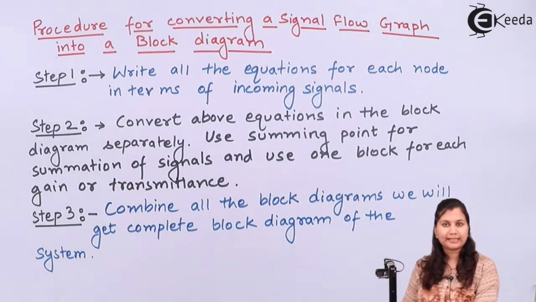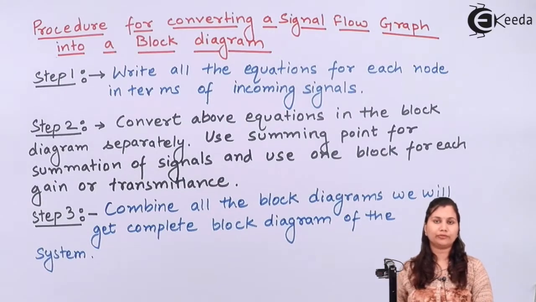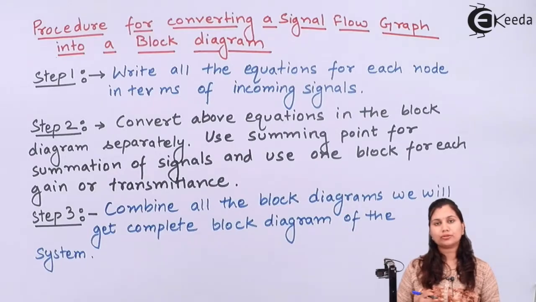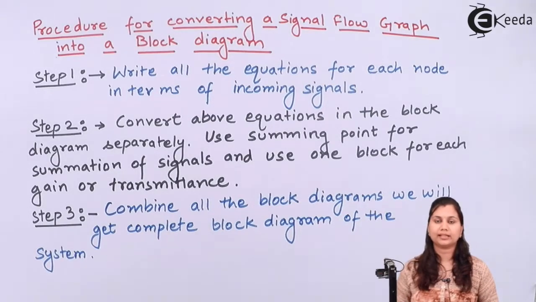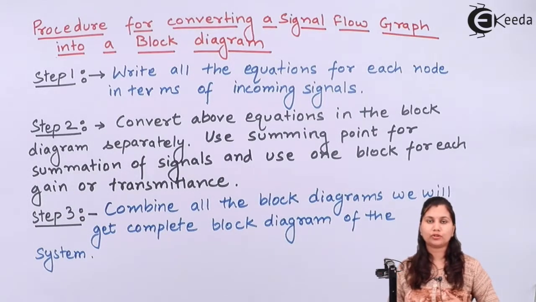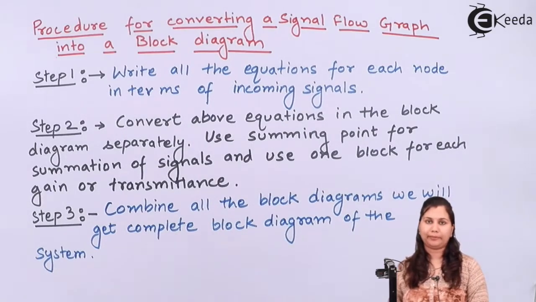So let's summarize these steps. In step 1, you have to write the equation for each of the nodes, and these equations should be in terms of the incoming signals towards the node. In step number 2, you have to convert all the equations which you have obtained in step 1 into the block diagram separately.